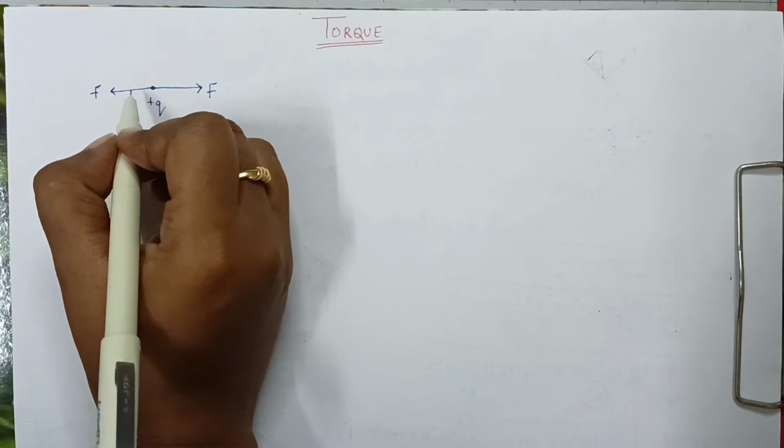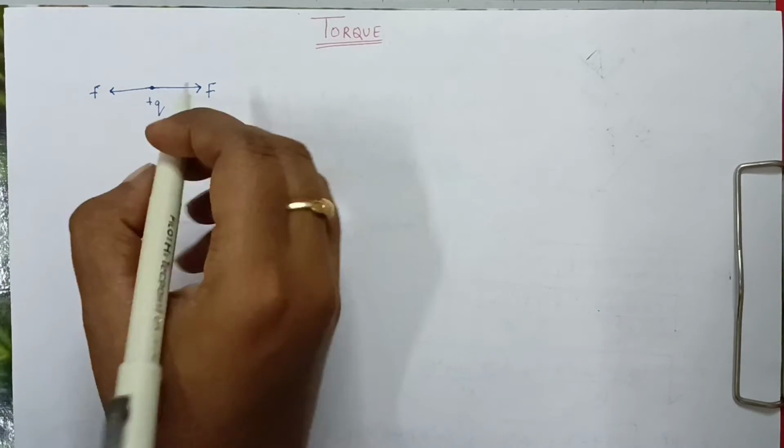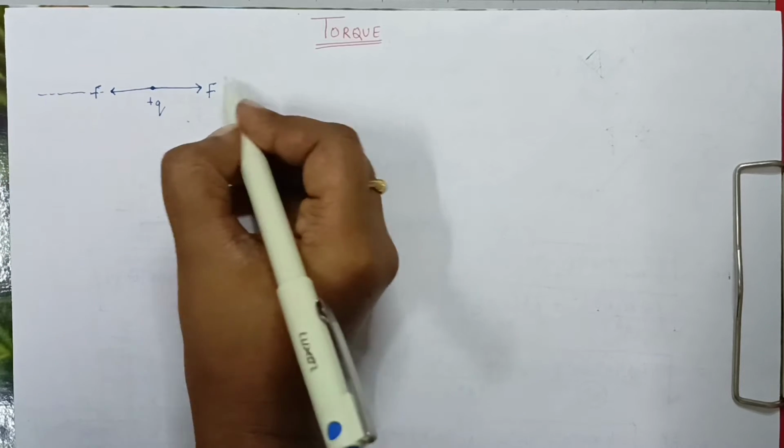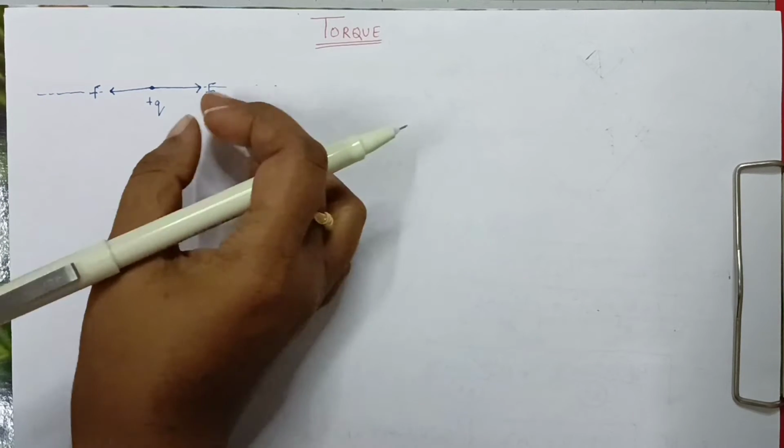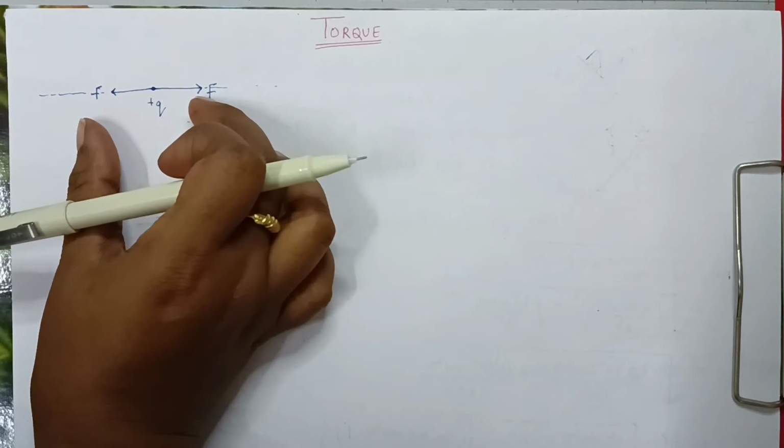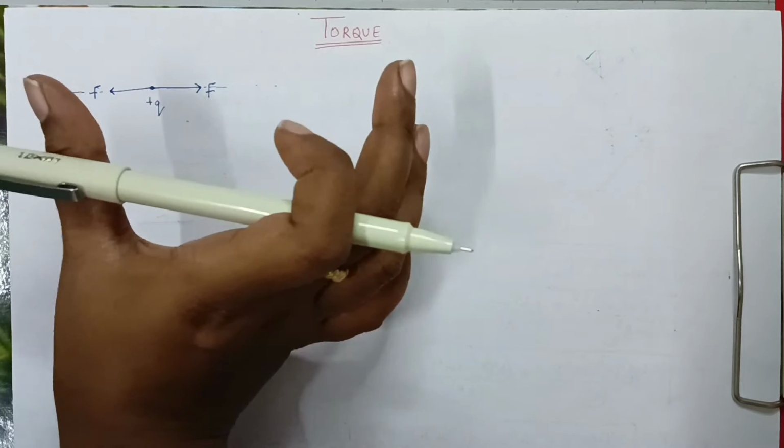Which means they have the same line of action, but both are working in opposite directions and have the same magnitude.